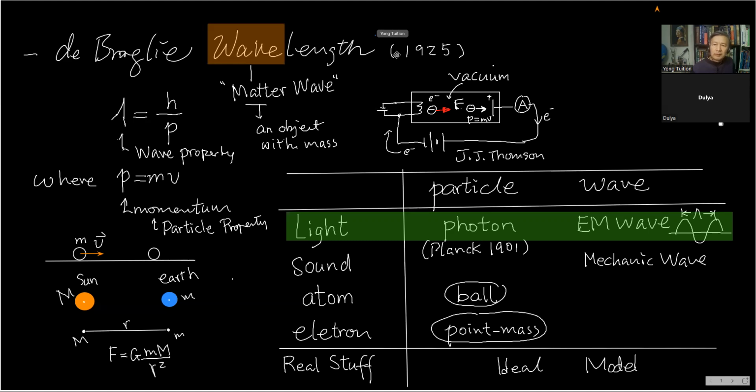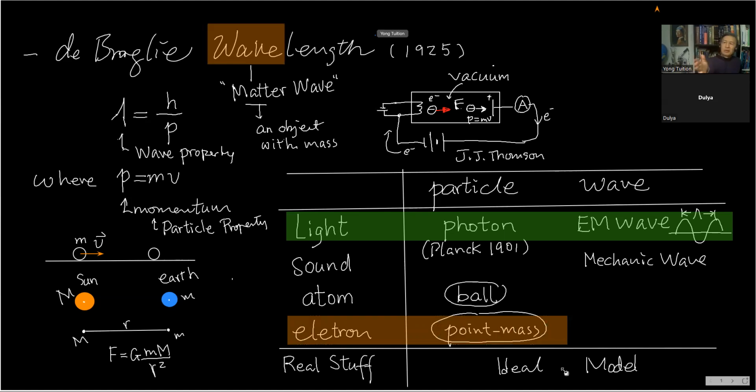Just draw this diagram for you. In the case of the electron, it is real stuff. We use a point mass, okay? Do you think something is missing? If you look at this table, do you think we miss something in this table?